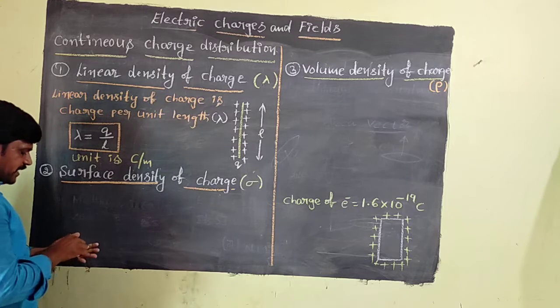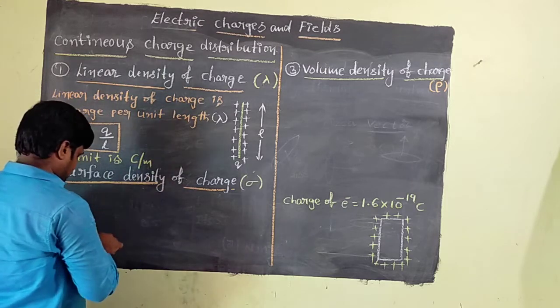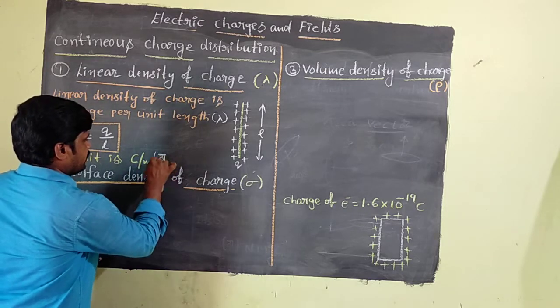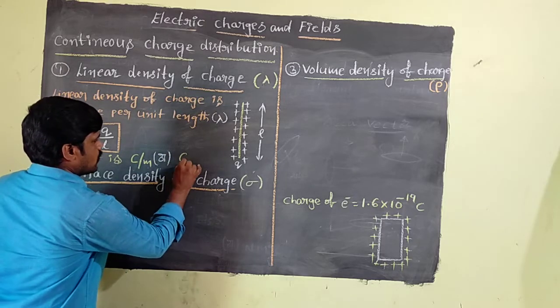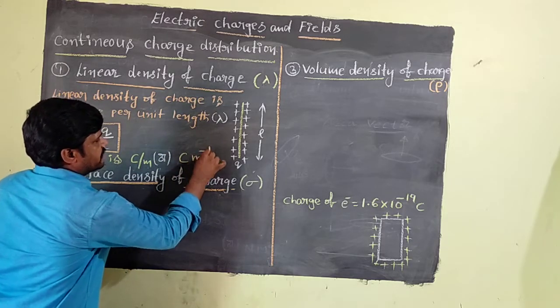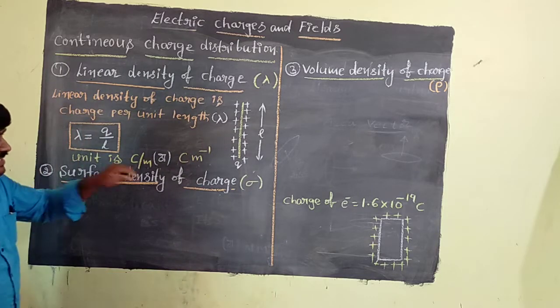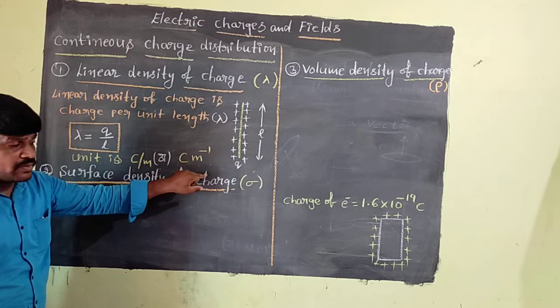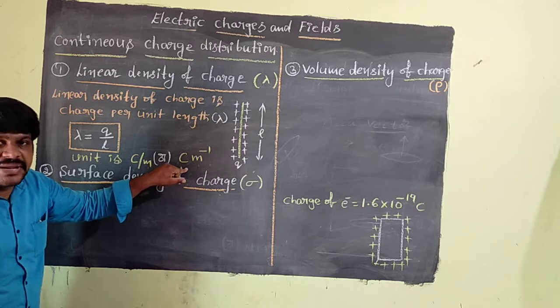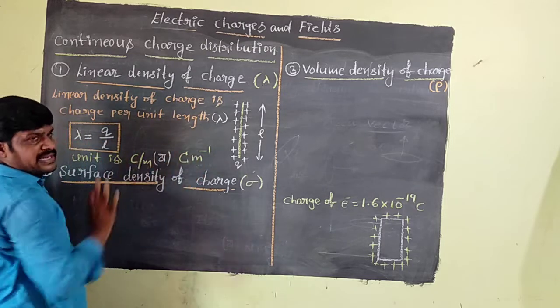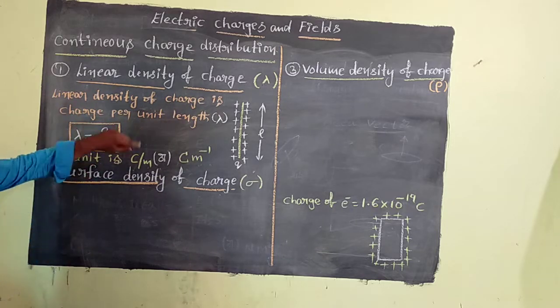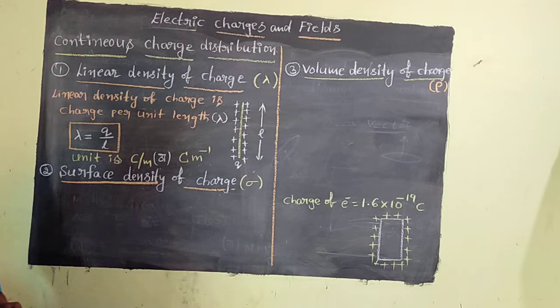So coulomb per meter, or we can write coulomb meter inverse. Don't think this is centimeter inverse, this is coulomb meter inverse. So capital C here, coulomb meter inverse. Now this is nothing but linear charge density.